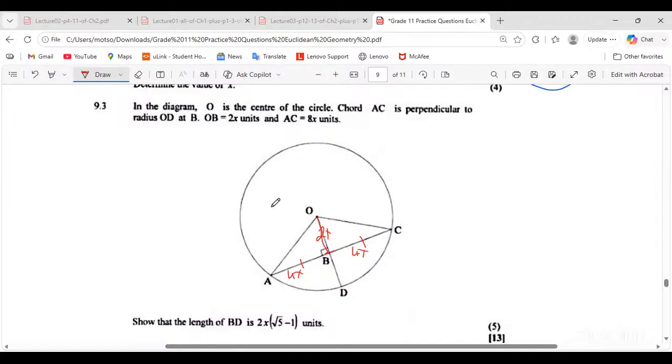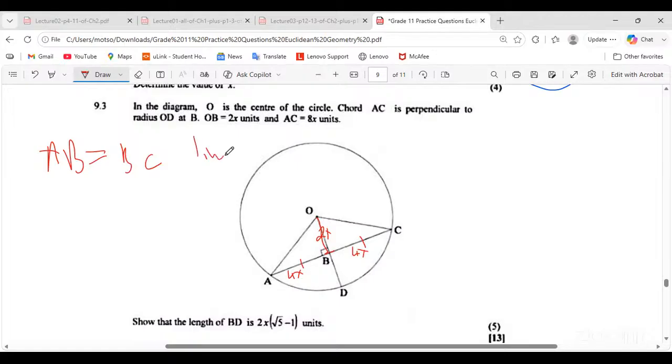Now, how are we going to show that the length of BD is equal to 2x times (5 root 5 minus 1)? The first thing we will do is say AB is equal to BC. Why do we say that?